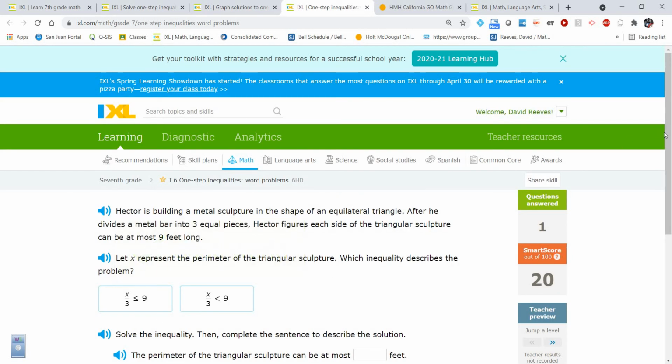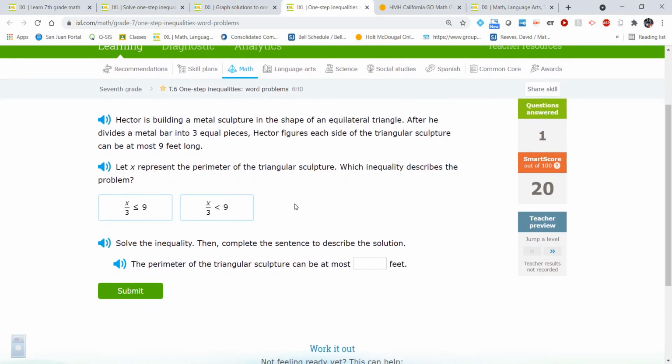All right, what about this one? Here we have Hector is building a metal sculpture in the shape of an equilateral triangle. He divides the metal bar into 3 equal pieces. He figures out each side of the triangle sculpture can be at most 9 feet long. Okay, so at most means it could be 9 or it could be less. So again, at most means that much or less.